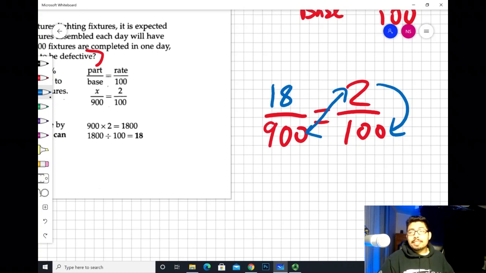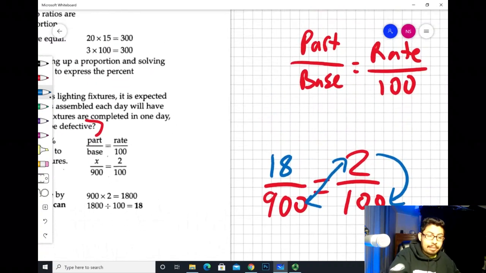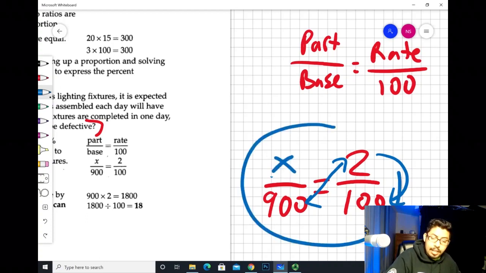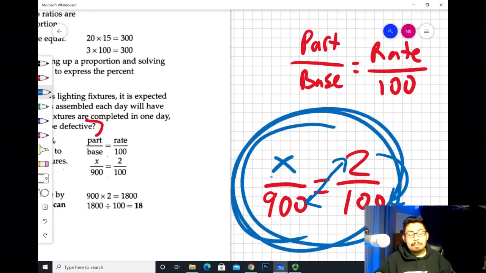Pretty straightforward, my friends. The hard part with this lesson, just like proportions, is your setup, doing this little stage right here prior to finding the answer, where I had to put the variable. This part right here, the setup, is going to be the tough part. That is the hard part, and also identifying your part, base, and rate.